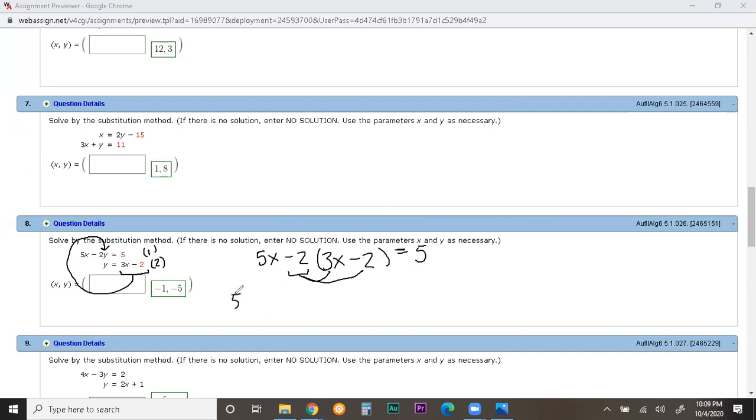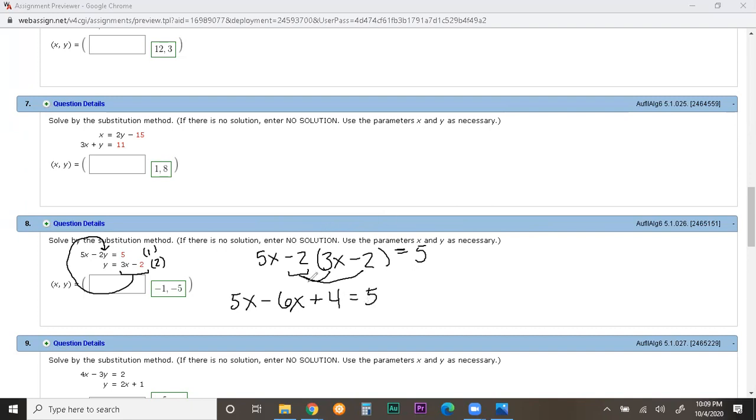We keep our 5x out here because we can't do anything with it at this time. So now we do our distributive property. Negative 2 times 3x is negative 6x. Negative 2 times negative 2 is positive 4. Then we keep our equals 5, okay?